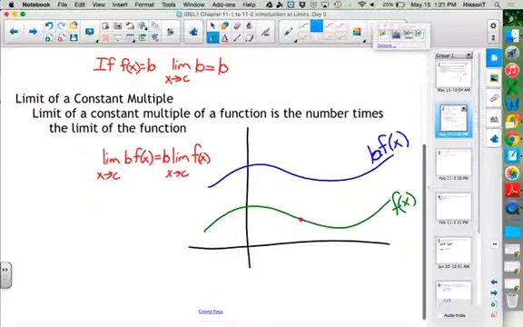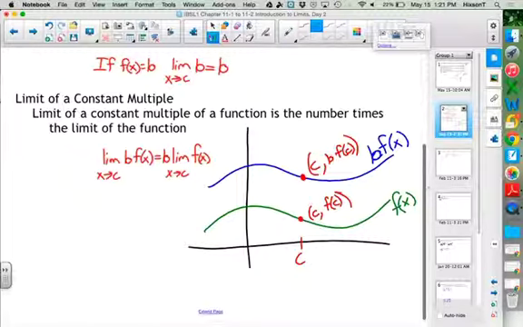If I picked some point here at c, that would be the point c, f of c, right? Now the point on this graph would also have c, and then b f of c. It would be b times f of c.